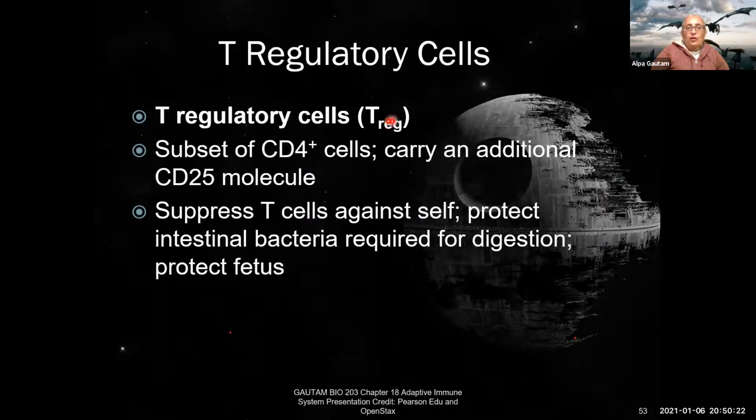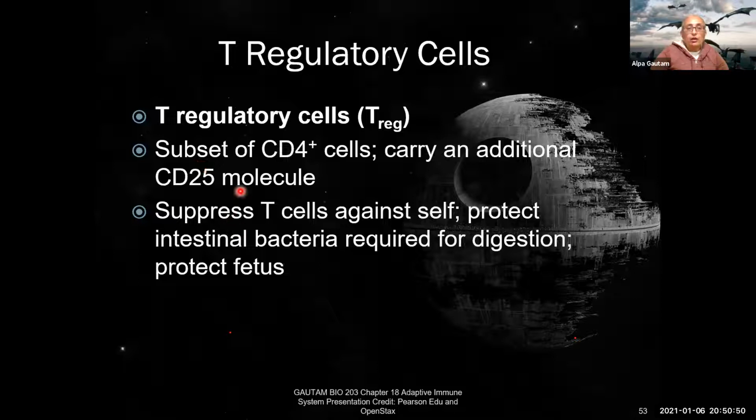Then you have T regulatory cells. So this is not something that's in my recordings because that was for 202, and this is the next step in that information. There's a subset of T4 cells, or CD4 plus cells, that carry an additional molecule along with the CD4 called the CD25 molecule. And this is a regulatory molecule, right?